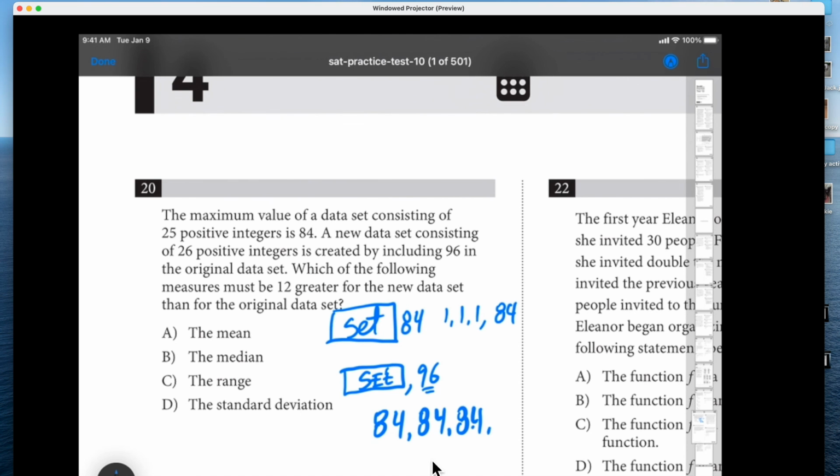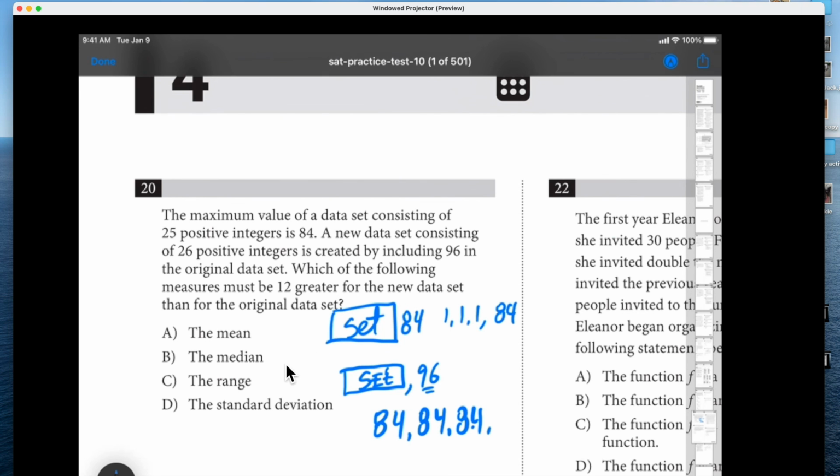So here's the bottom line. So in other words, 96 added to this set that consists entirely of the number 84 written down would do different things versus a set which consisted of 1 written down 25 consecutive times. You couldn't guarantee that this 12 greater will apply.